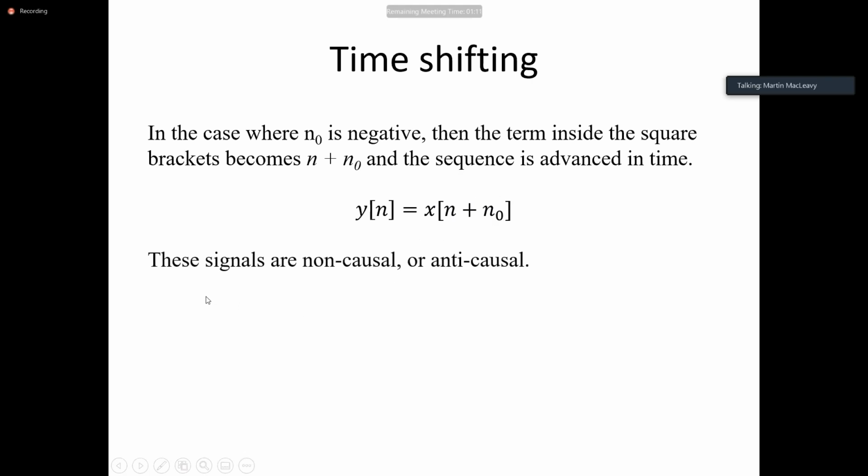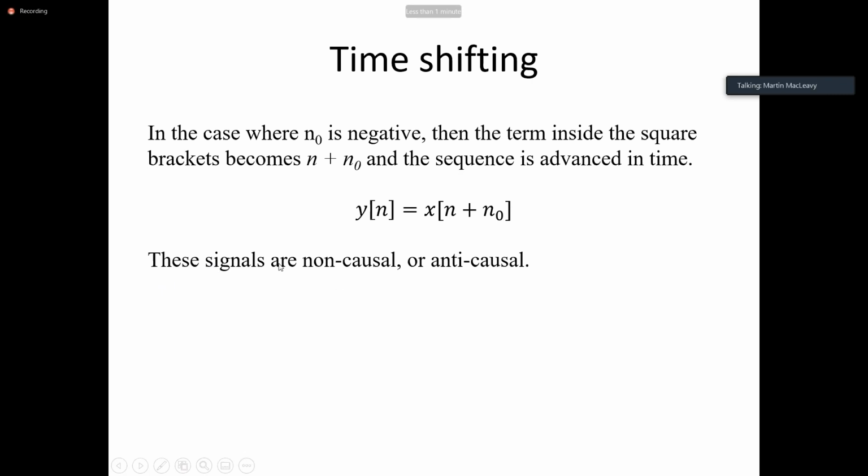Such signals, if you could produce them, are what we call non-causal or anti-causal. Anti-causal means that you've moved everything over. Non-causal means that you may still have some signals in the past.